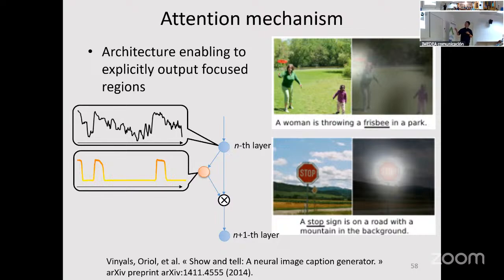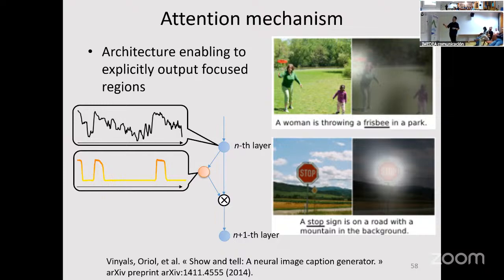It is also used in the recent transformer technique. This architecture enables us to explicitly output focused regions in data, important regions in data. This is an example of a text generation neural network for images.